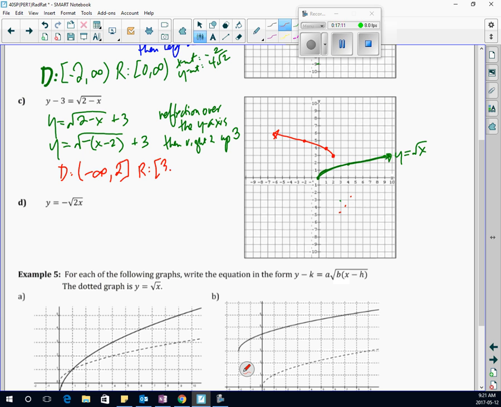So 3 to infinity, yes? What's my x-axis intercept? None. What's my y-intercept? No, it's not a guessing game here. You plug it in. Yes, √2 plus 3.